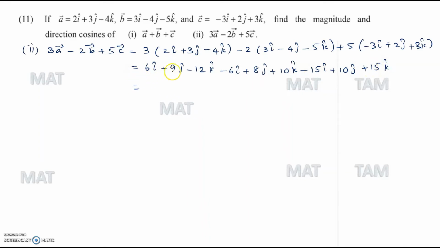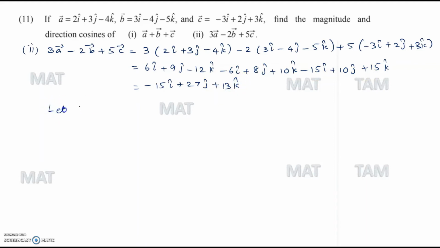Simplifying this further, we have the 6 and 6, it gets cancelled, so minus 15i cap. Then 9 plus 8 is 17 plus 10 is 27, 27j cap. Then you have minus 12 plus 10, which is minus 2 plus 15 will be plus 13k cap.